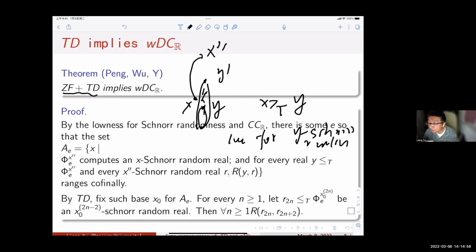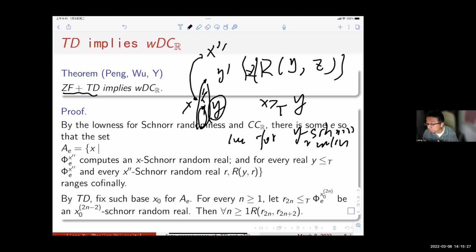Why is it possible? Because if R_y has measure 1, that means a sufficiently Schnorr random real has a relation with y. But the double jump of a real low for y-Schnorr random can be arbitrarily high.